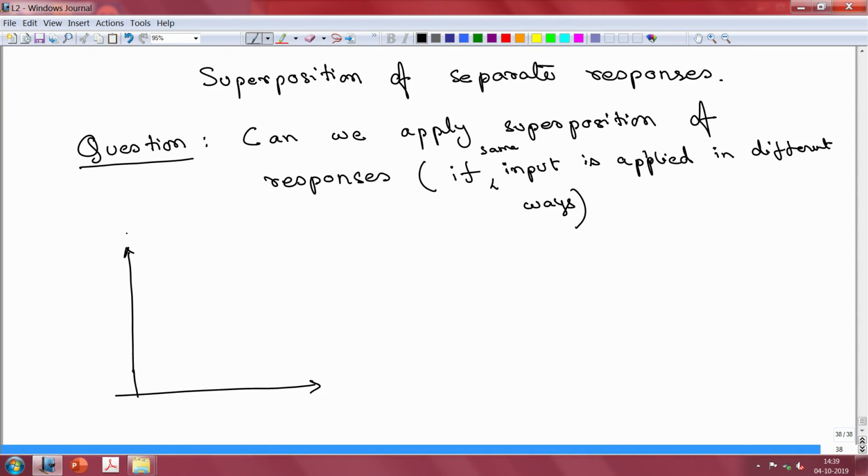We are doing, let us say, a stress response test, and you have your input initially at sigma 1, and then later on it jumps to another value. This value now is sigma 2, at some time t1.